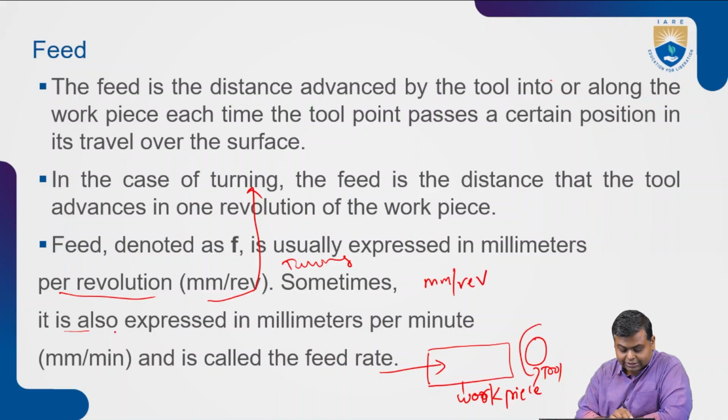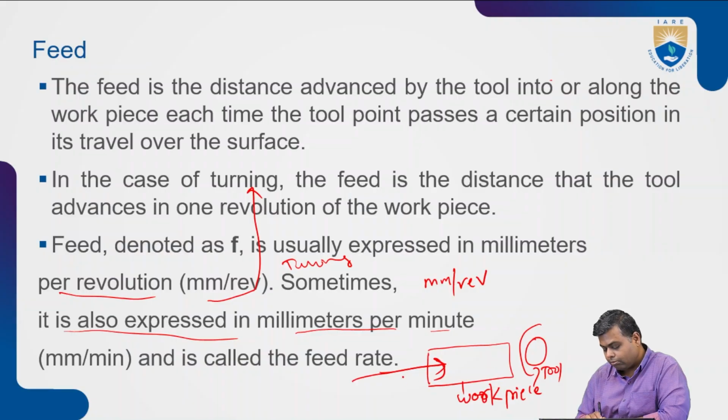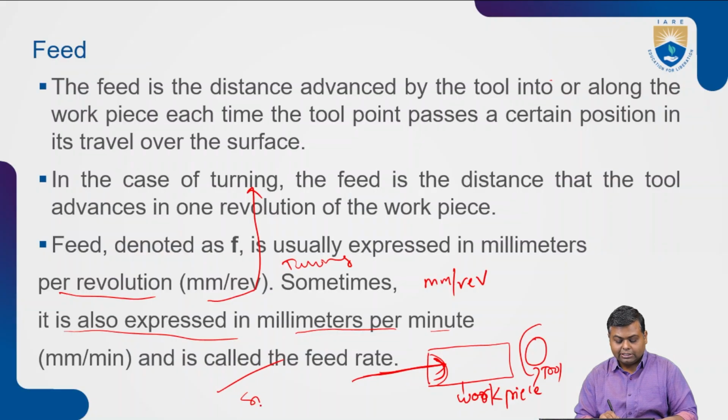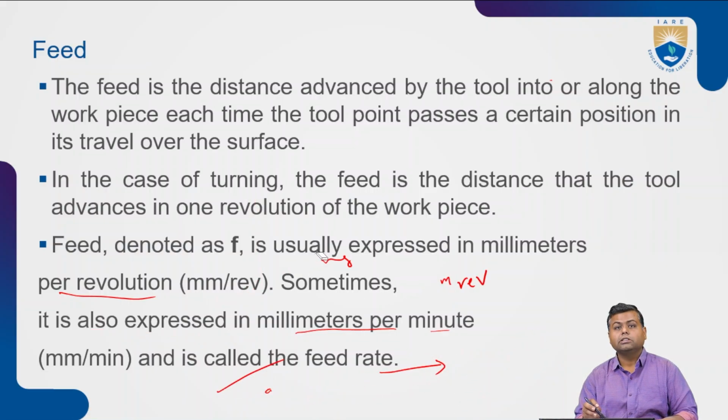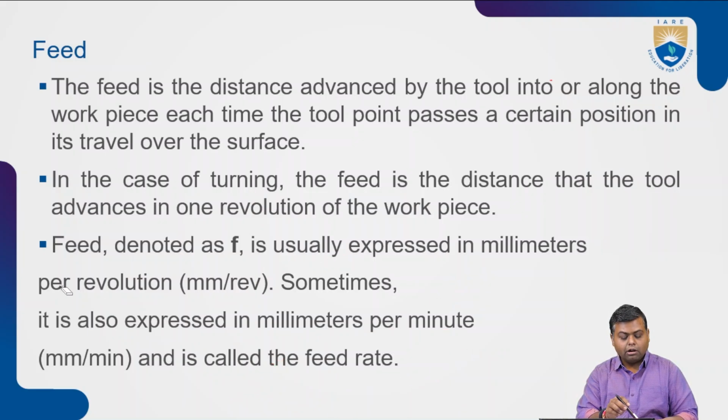As well as it is expressed in meters per minute. So meters per minute, how many meters it has traveled per minute, is given in the shaper or a planer or a milling machine. Generally shaper and planer are considered for delivering this feed with respect to the machining operation. So feed is very different when it comes to different operations.